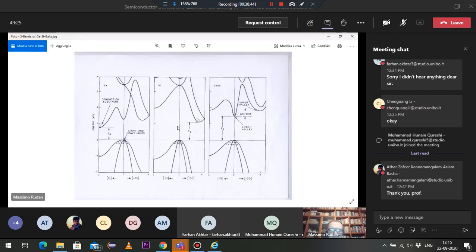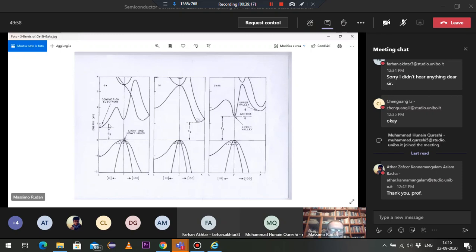So it is customary to consider silicon as the reference material, because it's so important for technological applications. For this reason, gallium arsenide, whose gap is larger than that of silicon, is commonly referred to as a large gap semiconductor or wide gap semiconductor.